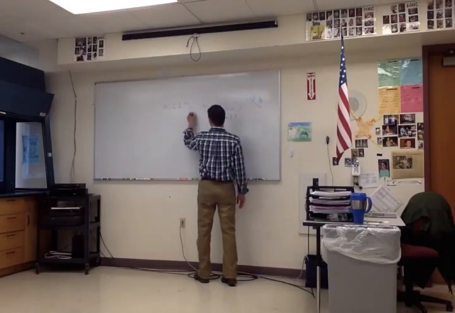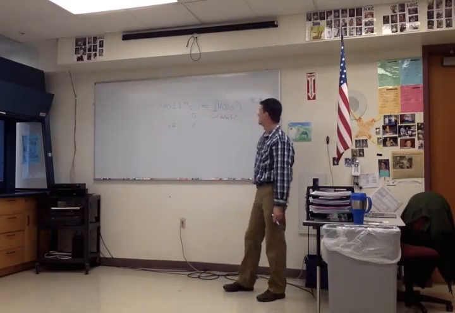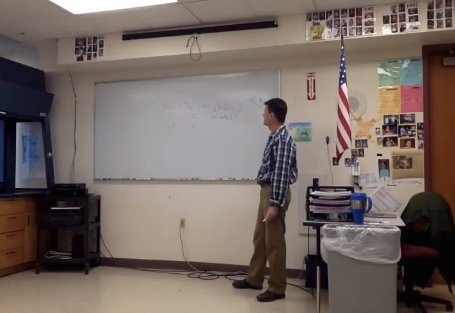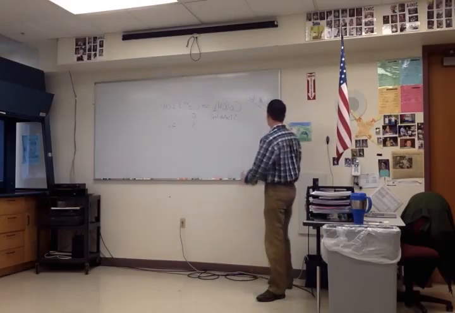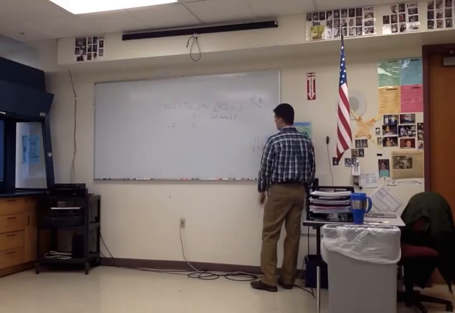This would still be 0. This would still be S. This would still be 2S. We're using S for solubility because that equals how much it dissolves. But the pH equals 11. That means pOH equals 3.